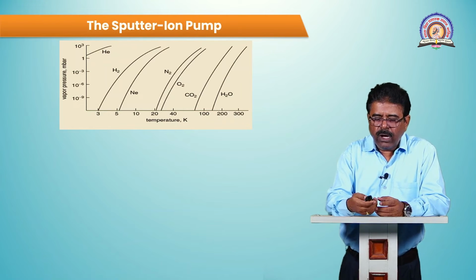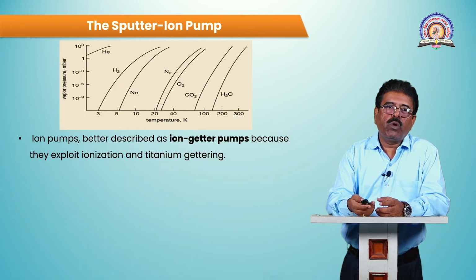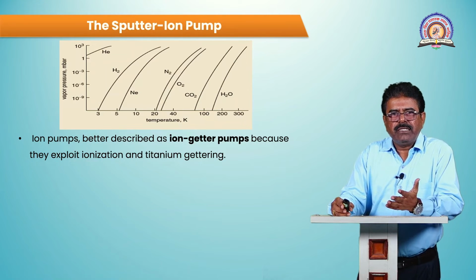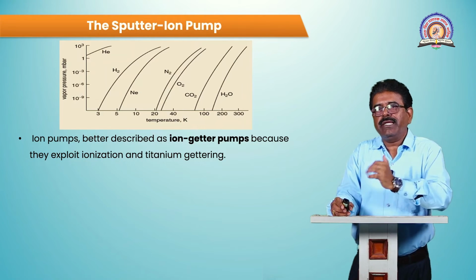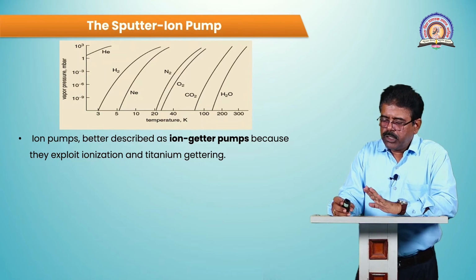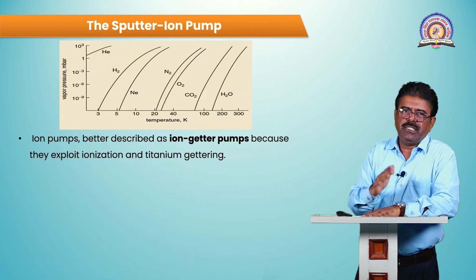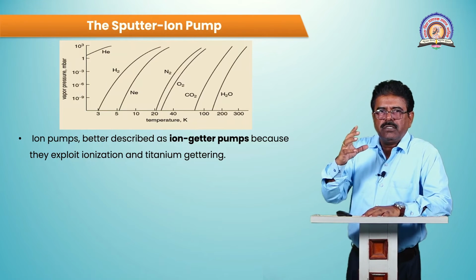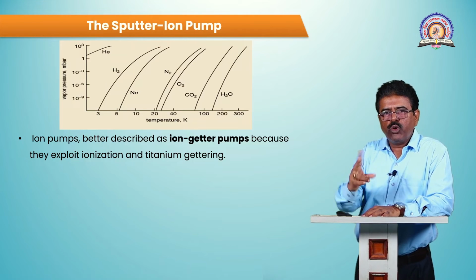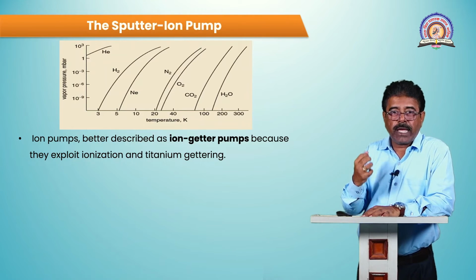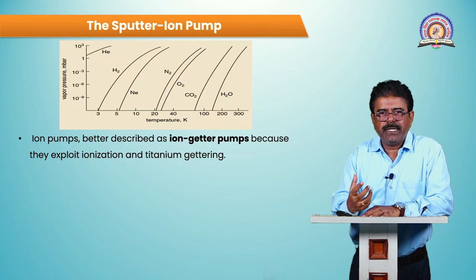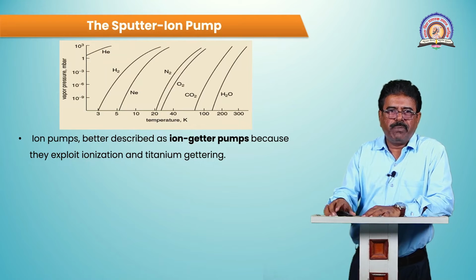Let us see now how these sputter ion pumps work. Basically, one should call them ion Gator pumps, not only sputter ion pumps, because simultaneously in this pump the sputtering process along with the gatoring process are working together in order to capture the gas molecules. So it is better to specify them as ion Gator pumps.